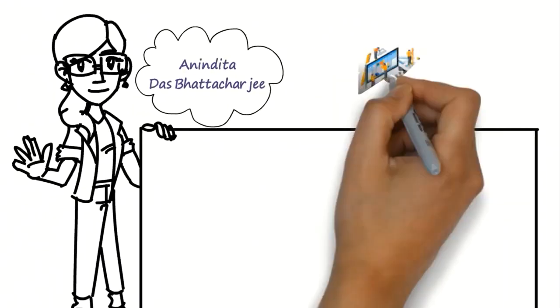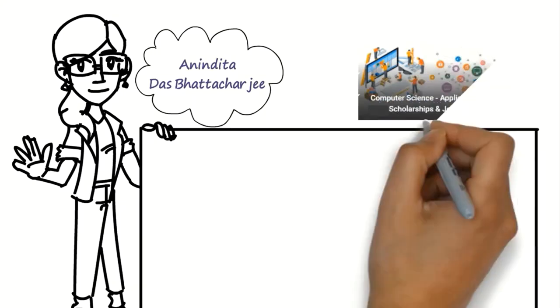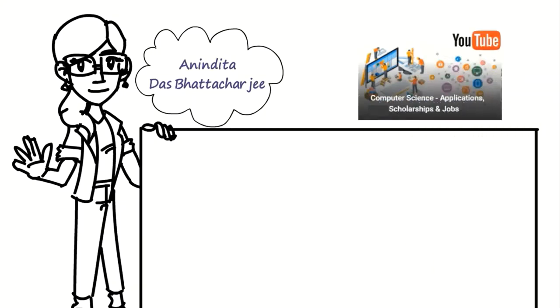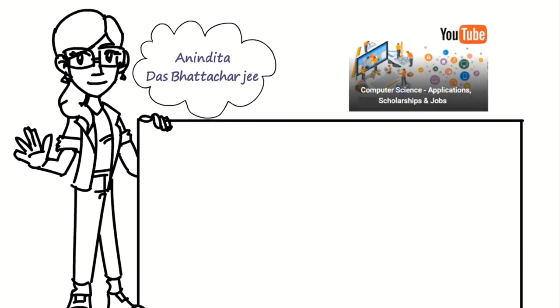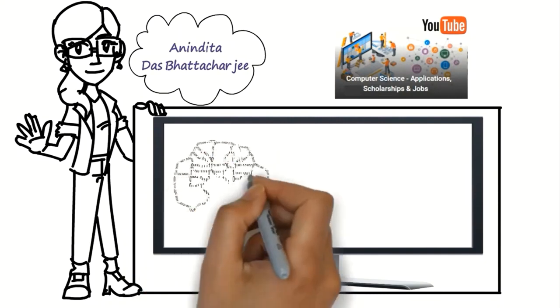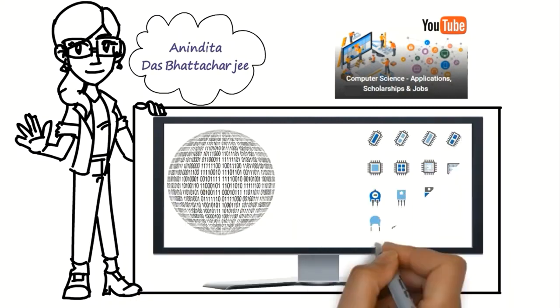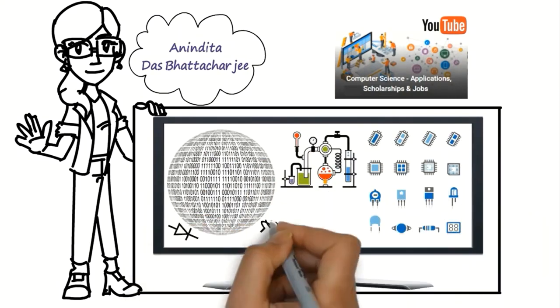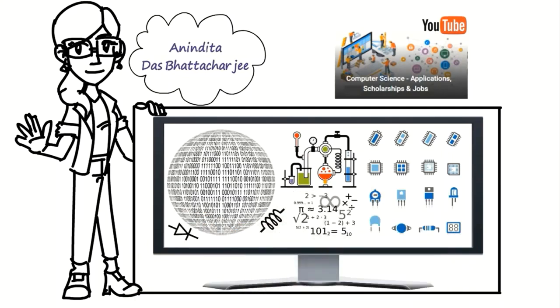In the previous video, I briefly explained how physics, chemistry, electronics, and many other scientific disciplines are interrelated. In this video, I'm going to explain in detail how binary digits are derived from physics, chemistry, and electronics.